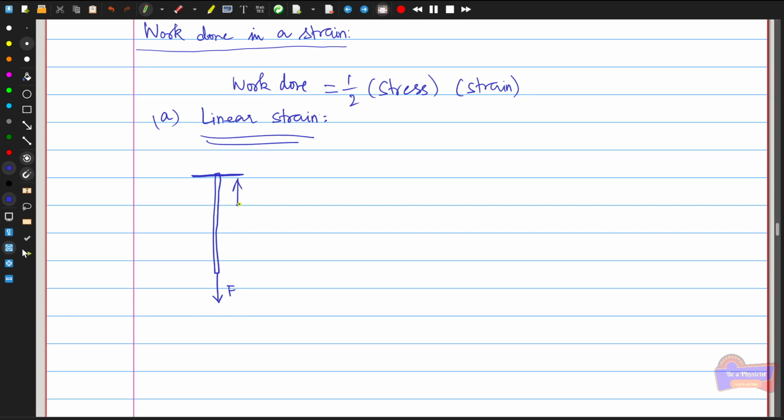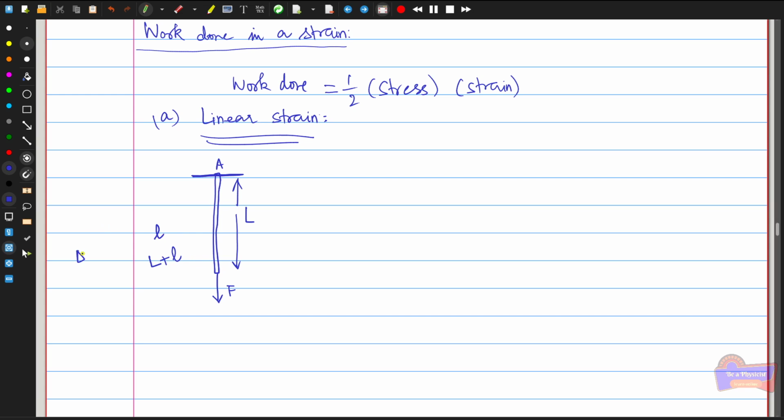Originally the rod has length capital L and cross-sectional area A, and due to the force there is an increase in length, which is taken as small l. So the new length can be written as L plus small l.